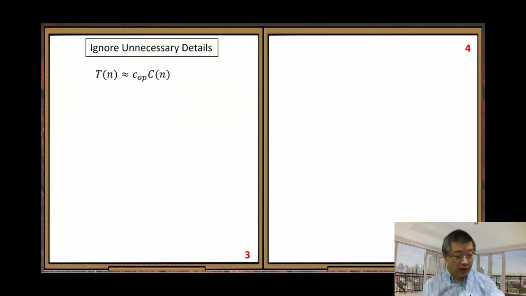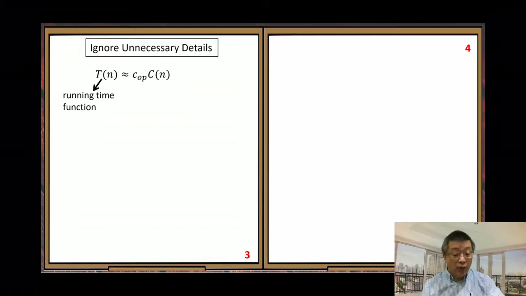All right. When we start, let us look at this approximation formula. Here T of n is the running time function. We want to measure it, but we do not want to measure it directly because of the stability issue.